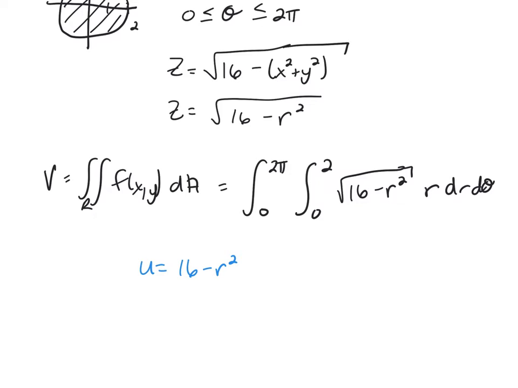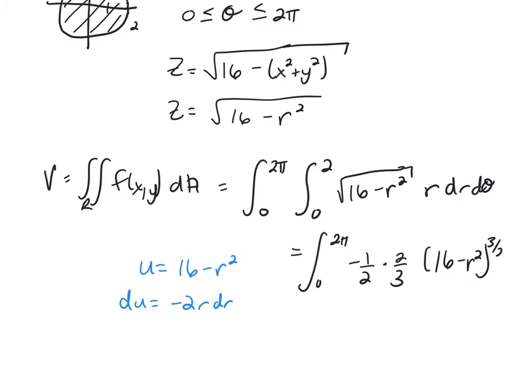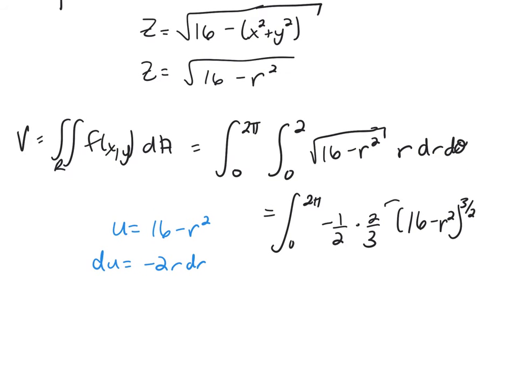So du is negative 2r dr. So you're going to get, okay, so for this integral, 0 to 2 pi, you're going to get a negative 1/2, and you'll also get 2/3, 16 minus r squared to the 3/2, from 0 to 2, d theta.